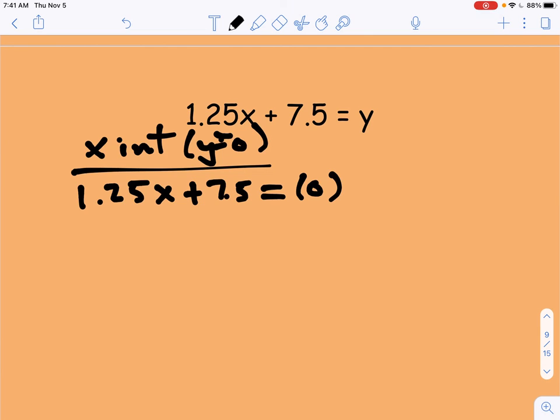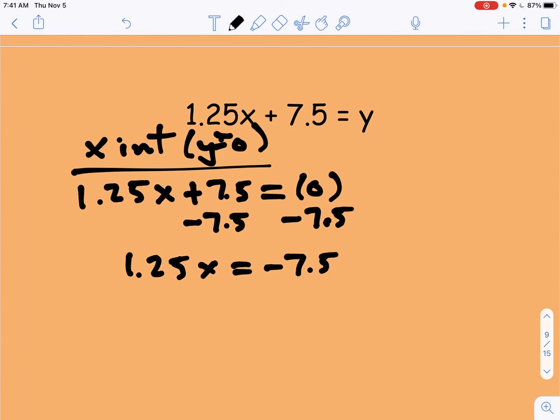At this point, this is a multi-step equation. So let's move 7.5 over to the other side. That gives you 1.25x equals negative 7.5.